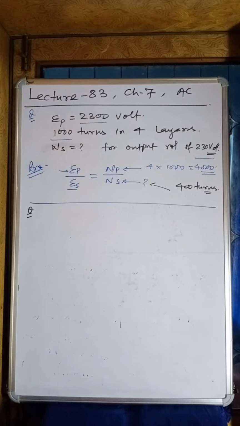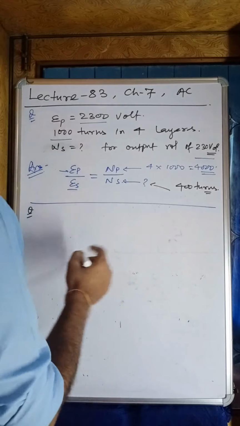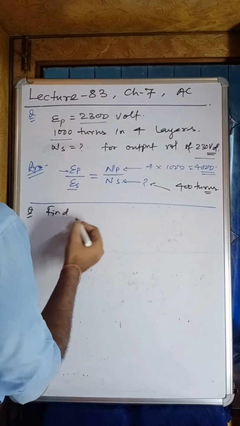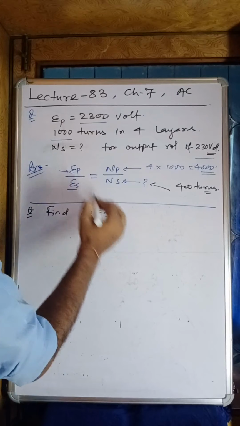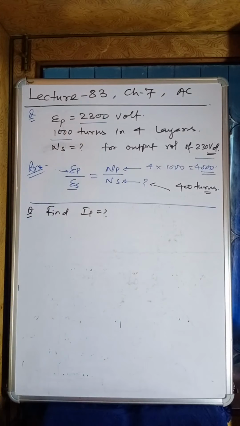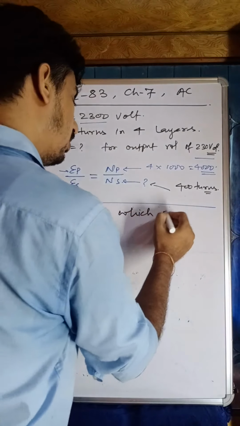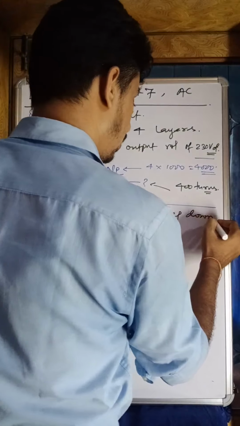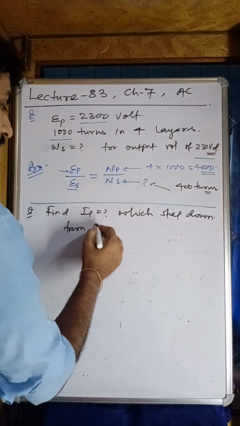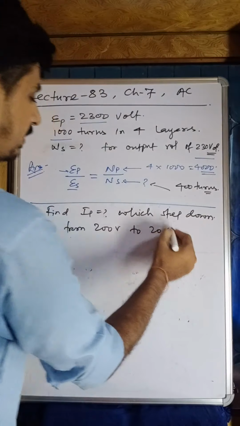Okay, now the next question, my dear students. In the next question, you have to find the input current. Find the current at the primary coil. It is a step-down device, which steps down from 200 volt to 20 volt.